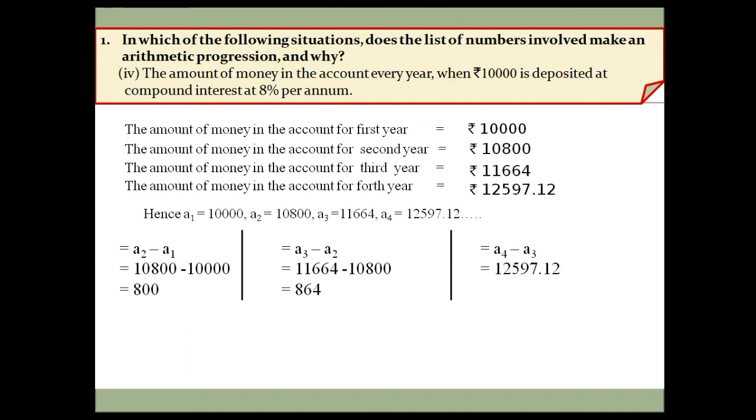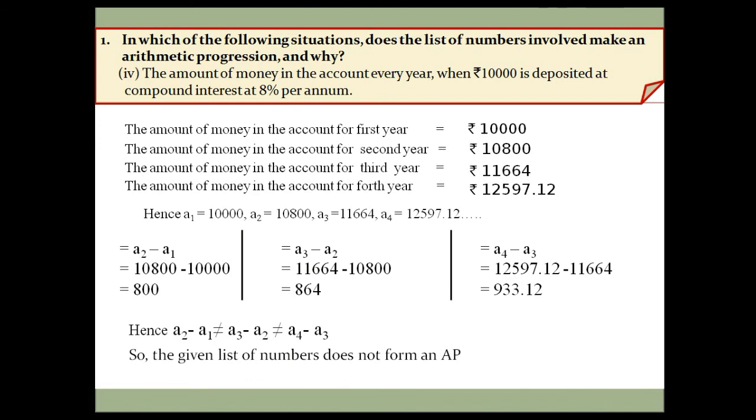Fourth term minus third term is 12,597.12 minus 11,664 equals 933.12. Hence, second term minus first term is not equal to third term minus second term. It is also not equal to fourth term minus third term. So, the given list of numbers does not form an arithmetic progression.